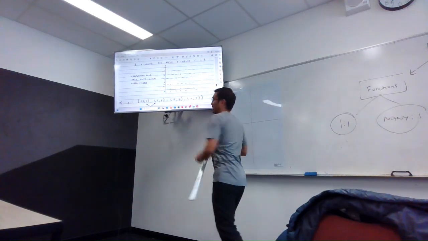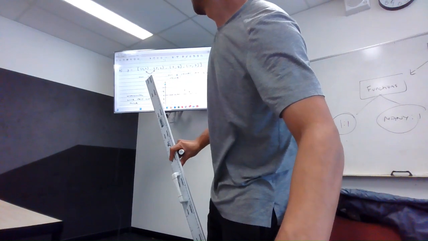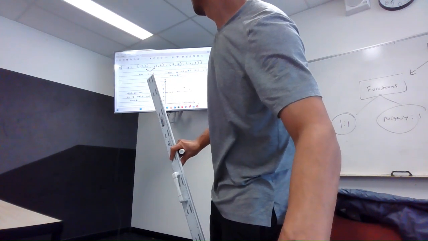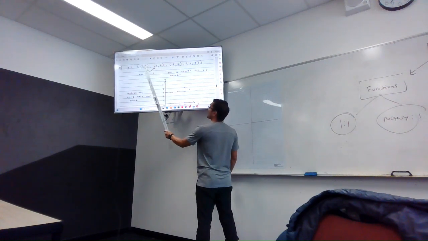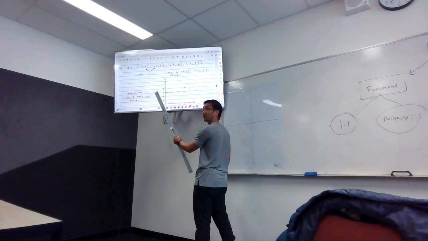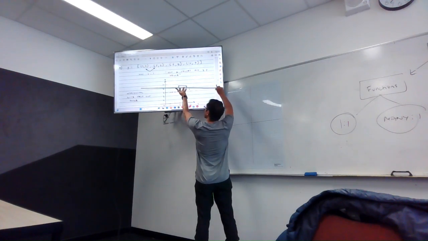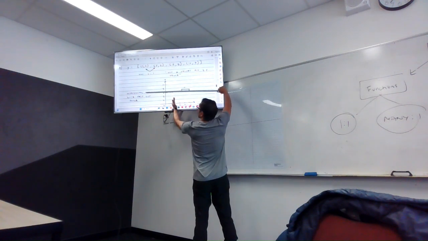If I move on to this question here, though, notice that I've got many x values for the one y value. What does that look like in a graph? It means that at 6, it's getting cut at 3 and 5. 3 and 5.